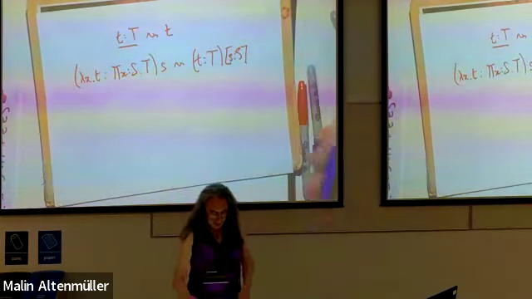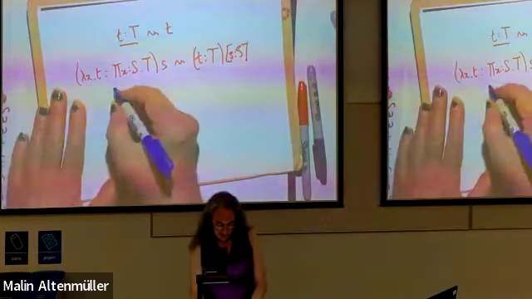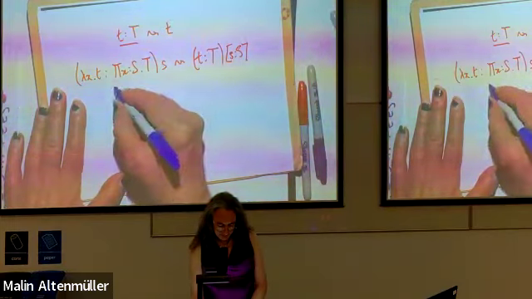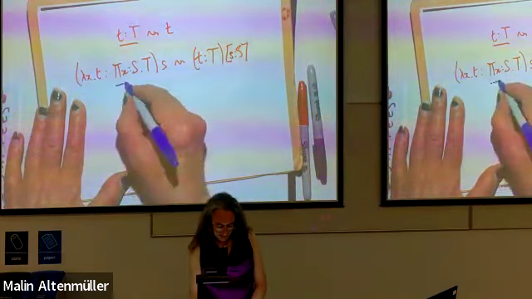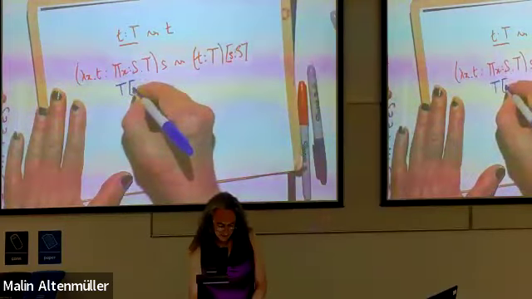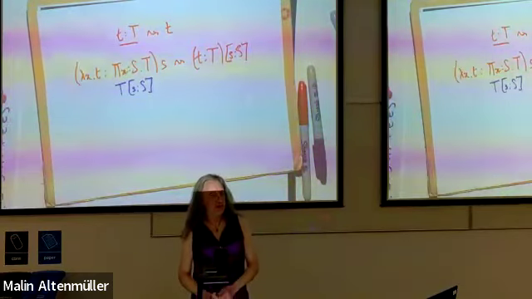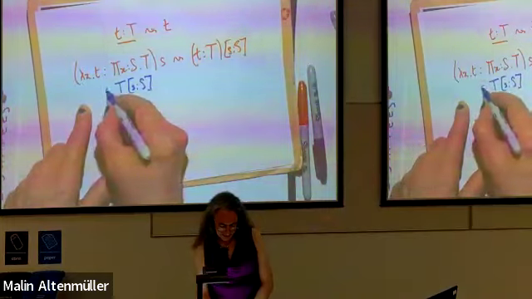So once upon a time, this thing had type big T of little s in big S. That was the type we synthesized for it. That's the left-hand side.